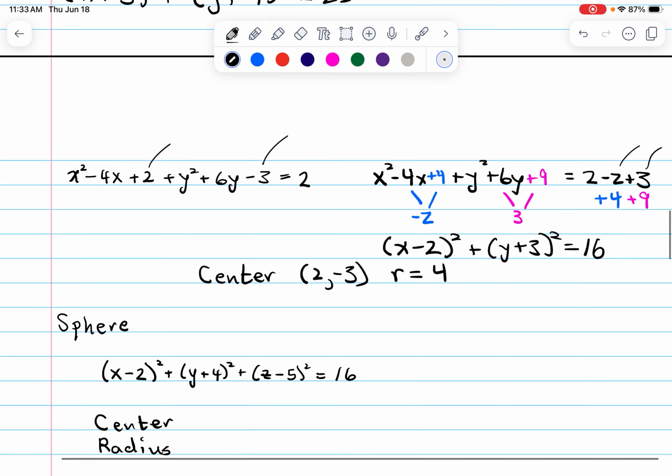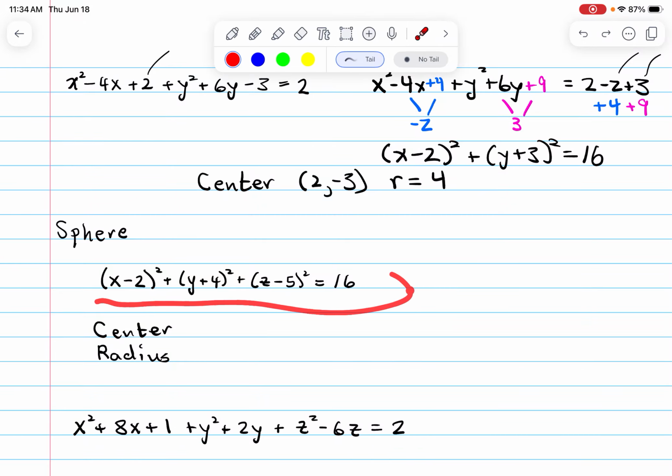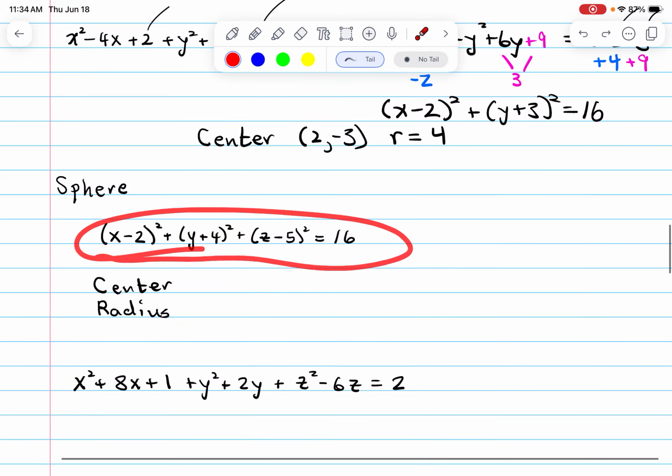Now, when we talk about 3 dimensions, we might as well talk about spheres. Since we're talking about completing the square and circles, let's just throw in the spheres. The difference is you've got the z component. So if you have something like this right here, you've got your center of the sphere.